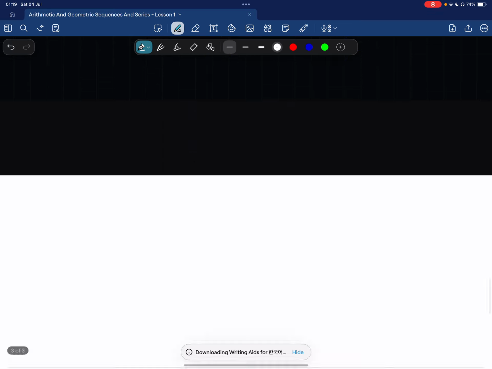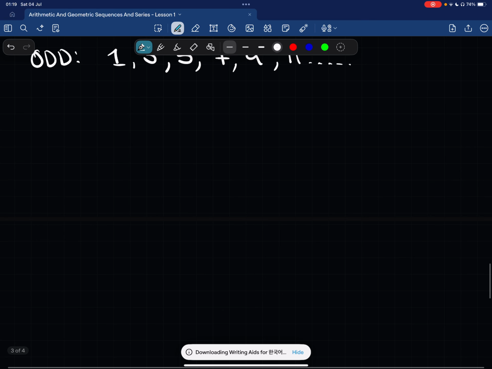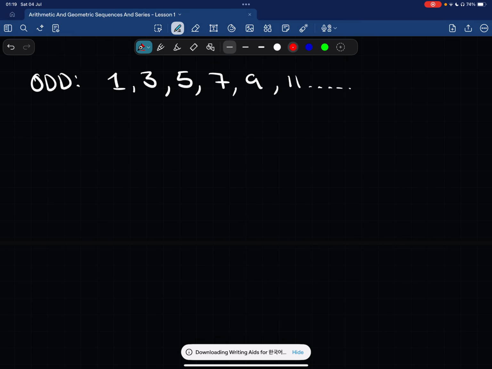Okay, how would we start this problem? The first thing you have to notice is what is the first term. This is our first term, which is equal to A, which is equal to 1.